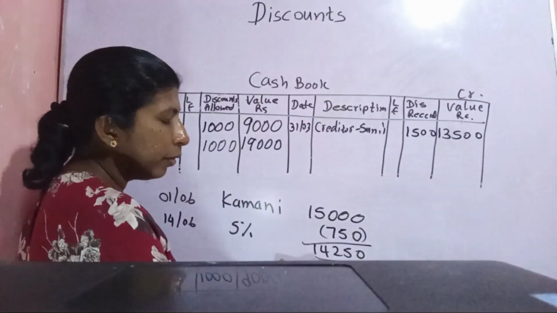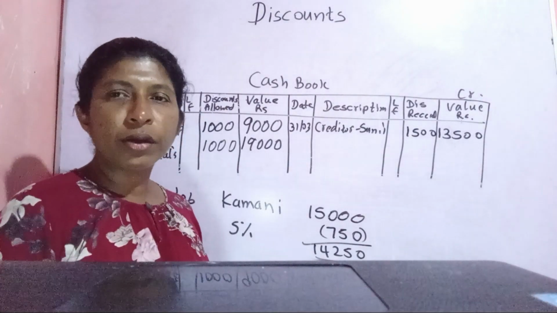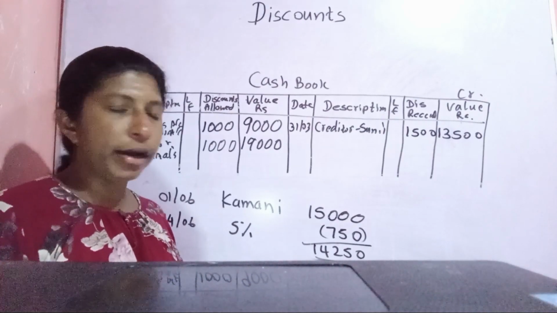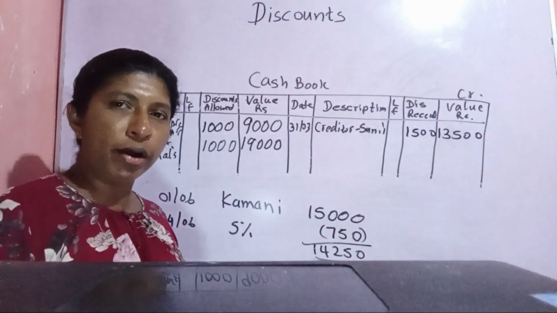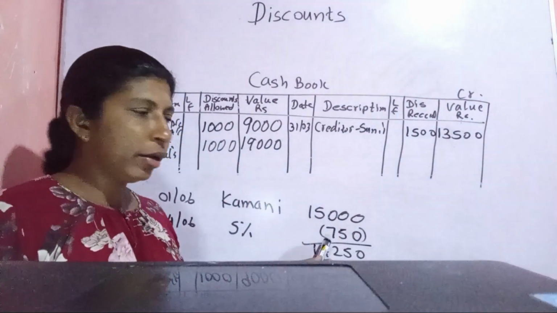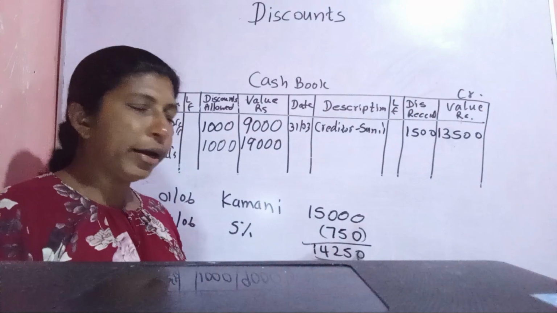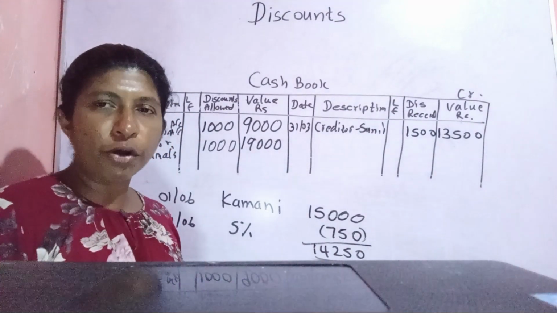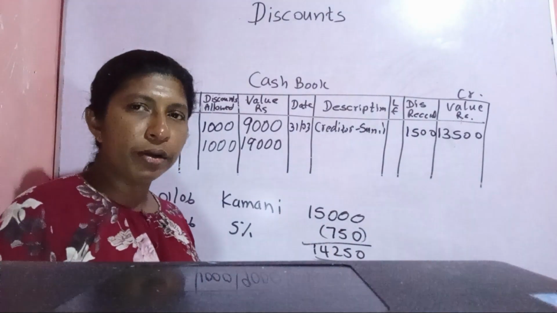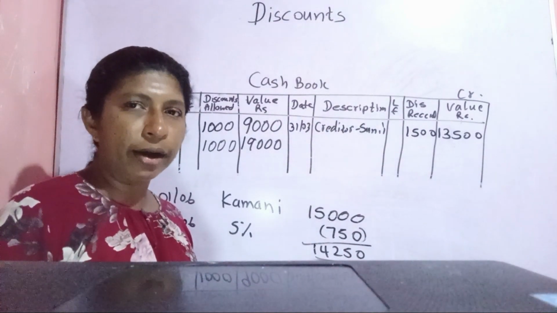Now, double entry would be trade creditors account debit, cash book credit for this 14,250. For this discount received, we have to credit this amount to discount received account, and straight away we can debit this amount to trade creditors account.